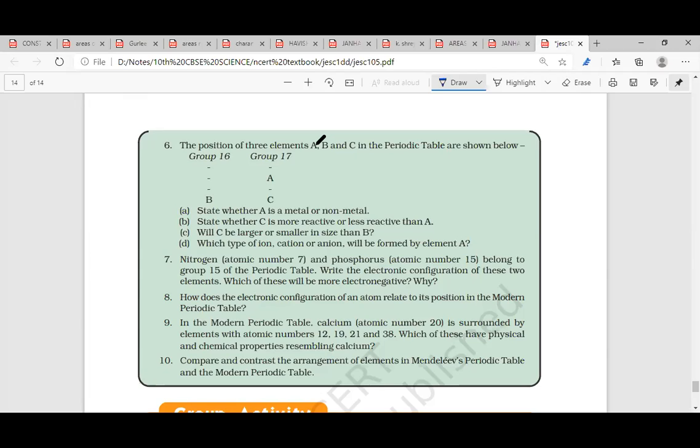A has more nuclear charge, so more force of attraction. It's a group 17 element. Metallic character increases and non-metallic character decreases down the group. So A is more reactive than C. Yes, C is less reactive than A.